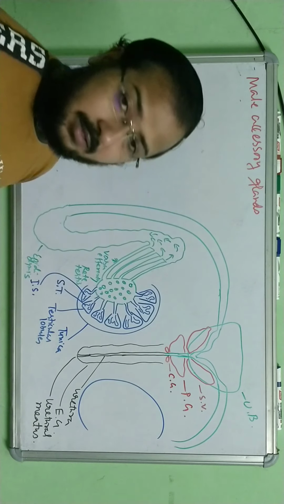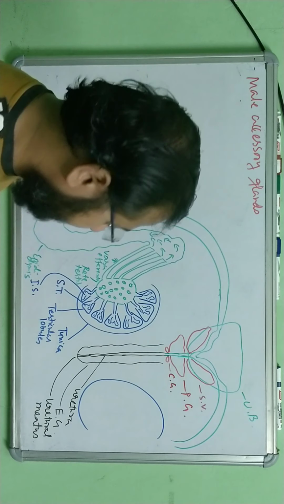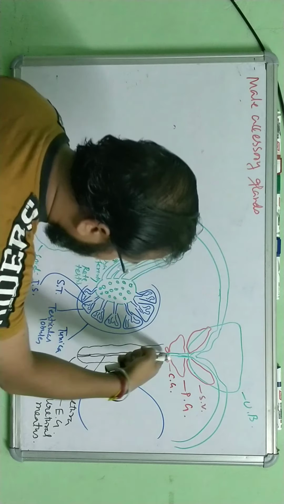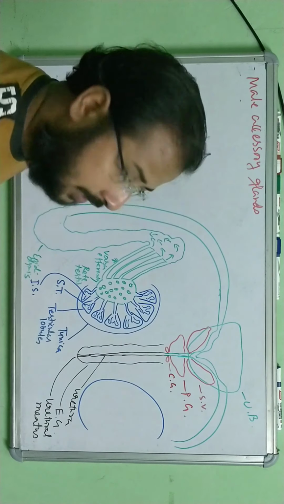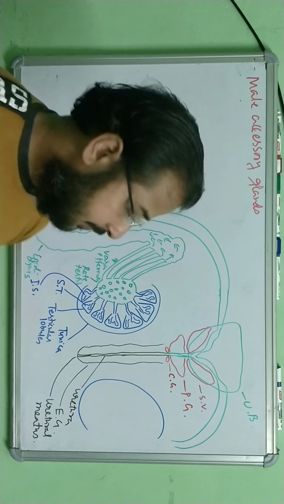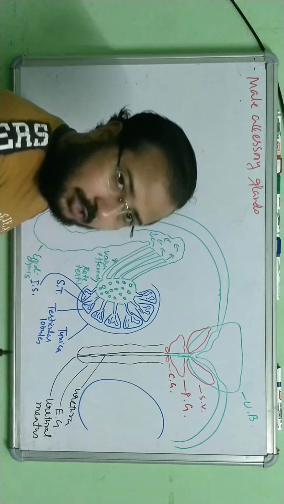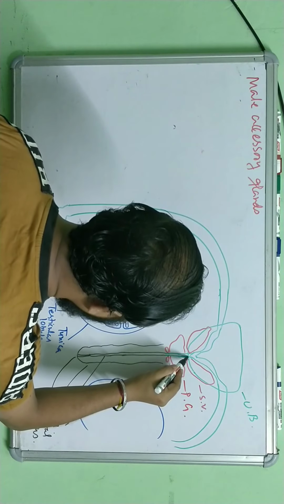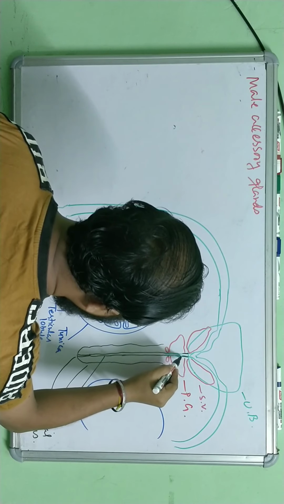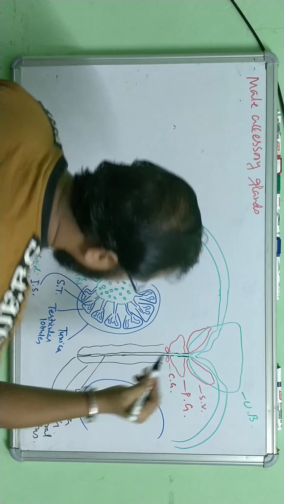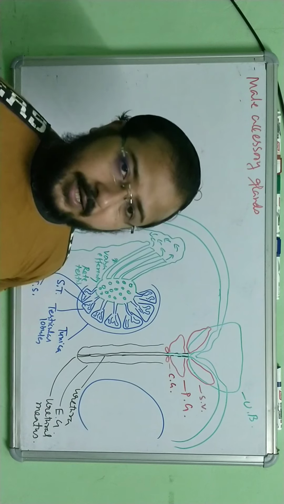Urethral meatus. Clear? And it ends up with the external genitalia. Understood? So the origination of the urethra is from here, where the bladder starts. Okay?